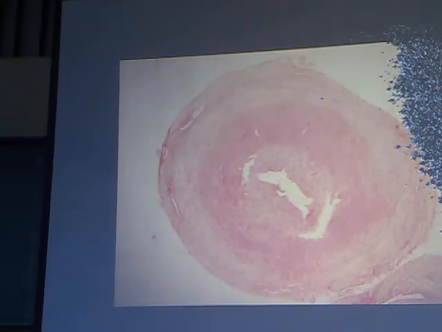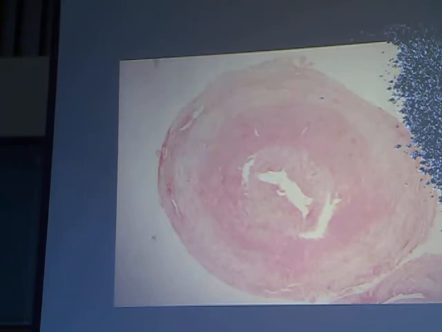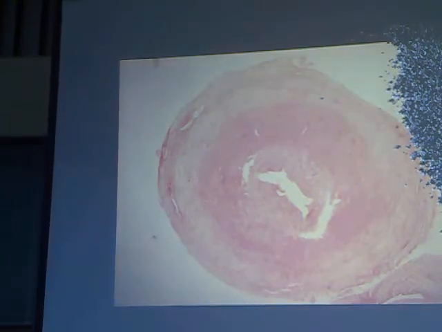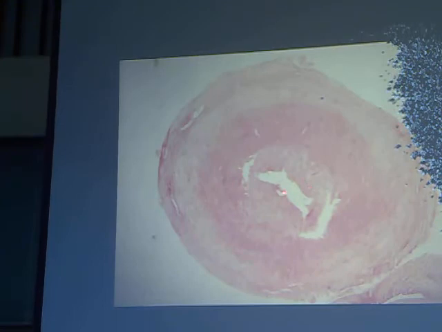Temporal arteritis is called by that name because the disease primarily affects the temporal arteries. What can you say about the lumen of that blood vessel? The lumen is markedly narrowed. Now, let us examine the cause of the narrowing of the lumen.